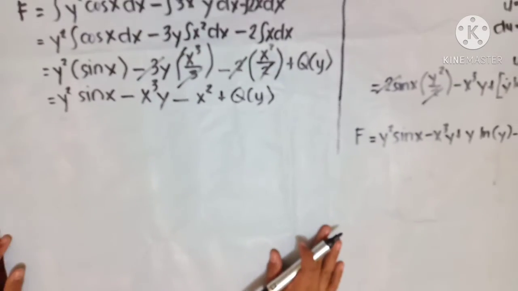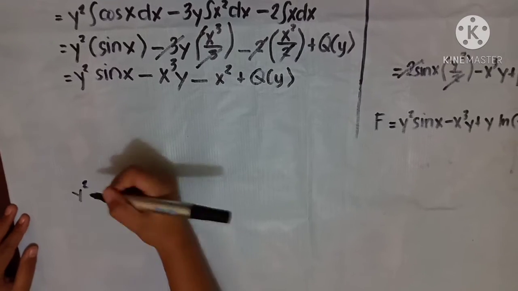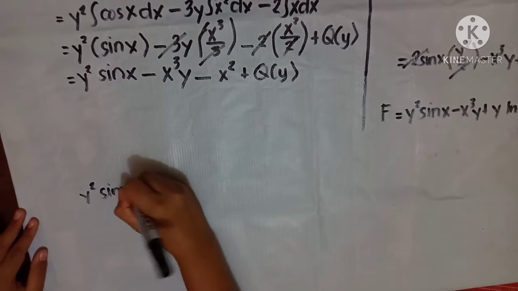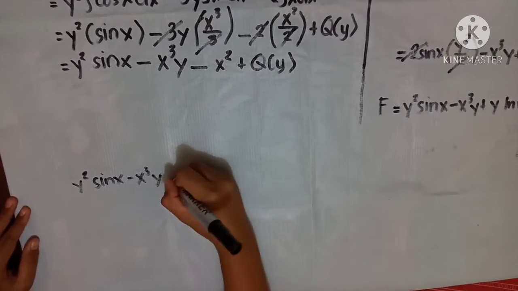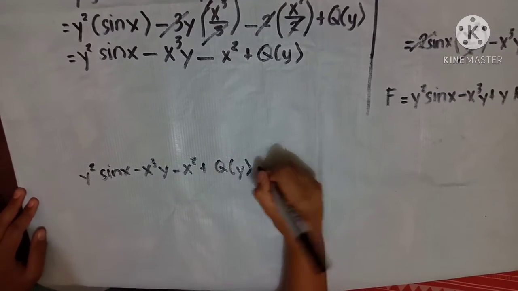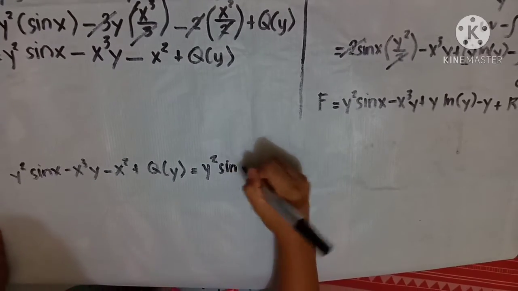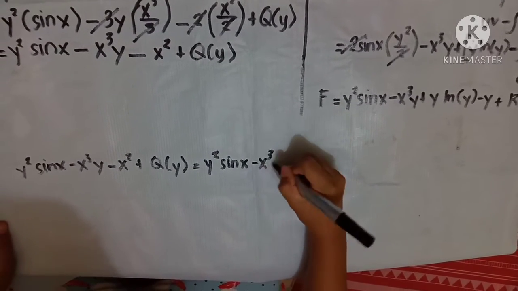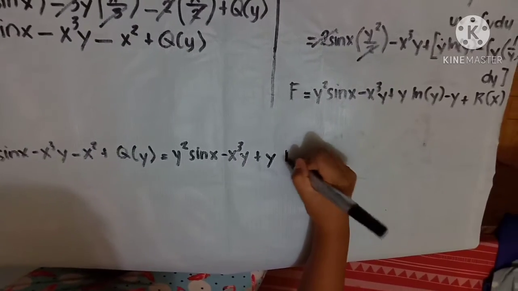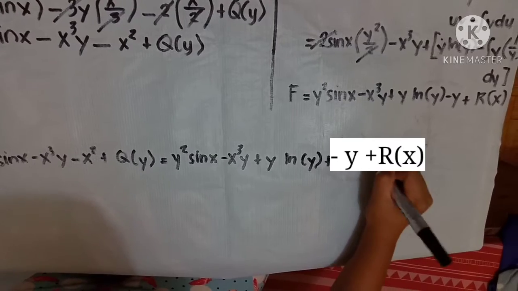Now we will then equate our two solutions. For our first solution, we have y squared sine x minus x cubed y minus x squared plus q of y is equals to our second f. We have y squared sine x minus x cubed y plus y ln of y plus r of x.